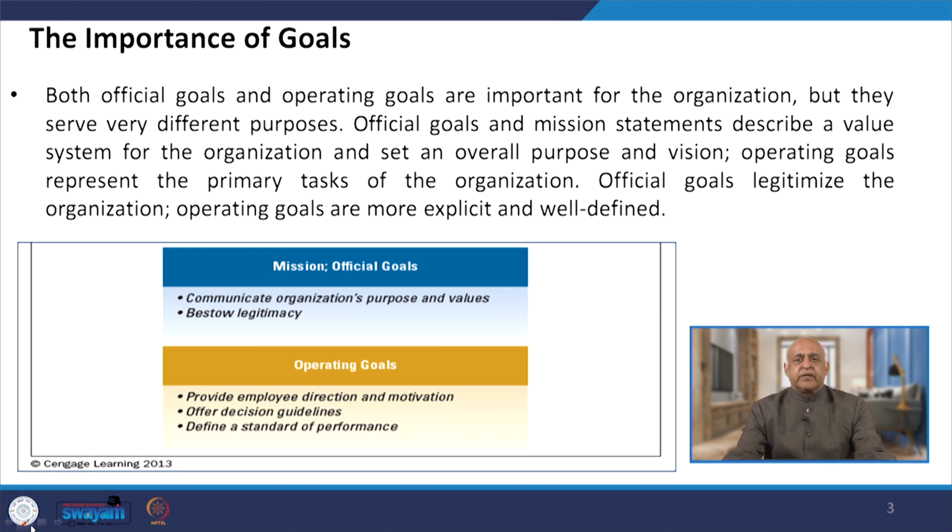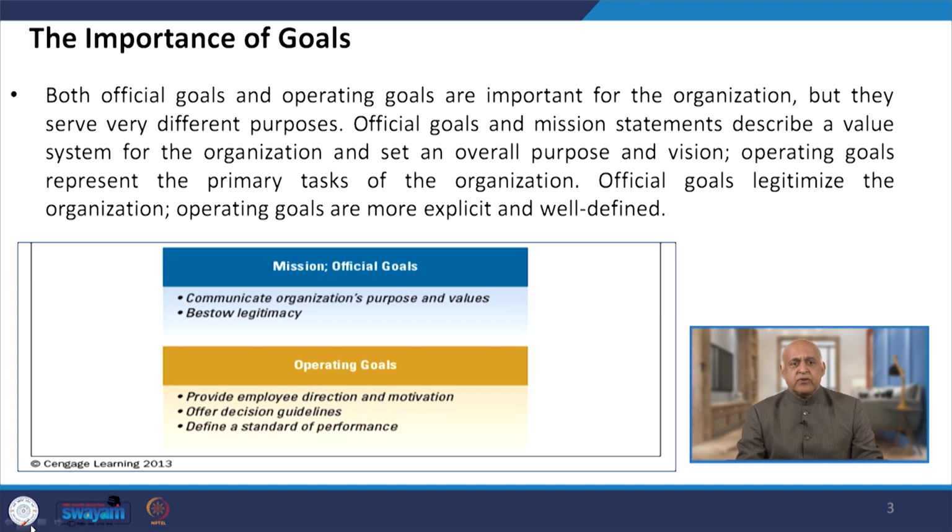The official goals legitimize the organization, and the operating goals are more explicit and well defined because they are task oriented. Unless we explain the task, it will not be possible for any operating officer to achieve the operating goals. So each classification of the task and activity will be explicit and well defined.